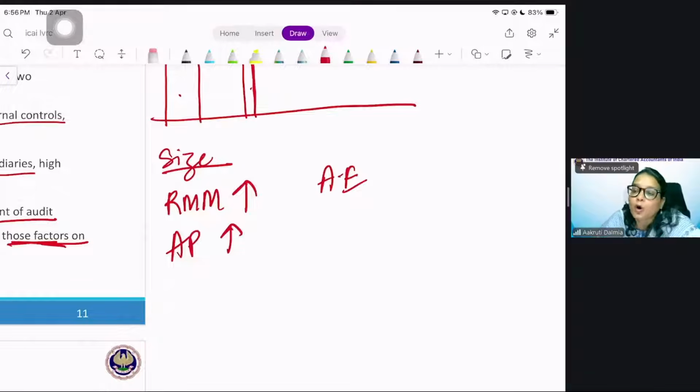So if the audit evidence quality is poor, will the audit documentation increase or decrease? If the quality of audit evidence is poor, it will increase. So does audit evidence quality affect the size of my file? Yes.